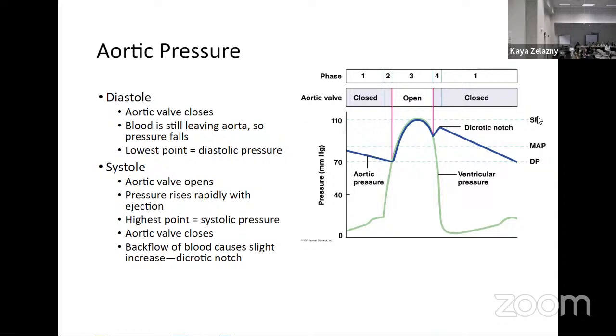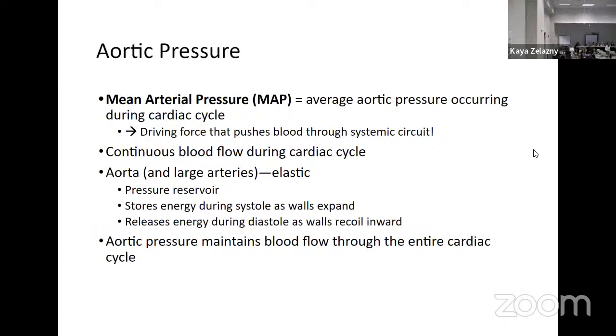So just note here, it's between your diastolic and systolic pressure, and it's an average, but it's closer to that diastolic pressure because, as we just said at the beginning of class in that first question, our heart spends more time in diastole. So we have to weight the average when we talk about average blood pressures. Okay. So mean arterial pressure, or MAP, is our average aortic pressure during the cardiac cycle.